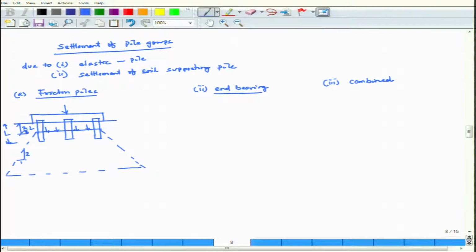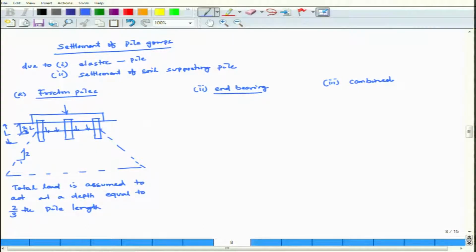The total load is assumed for friction piles to act at a depth equal to 2/3 the pile length.